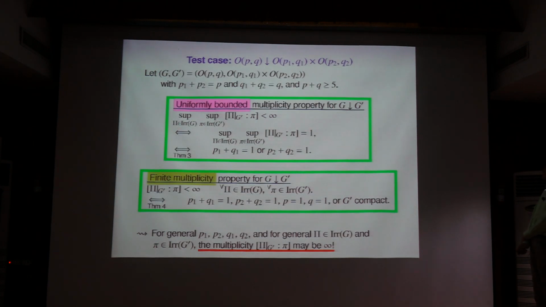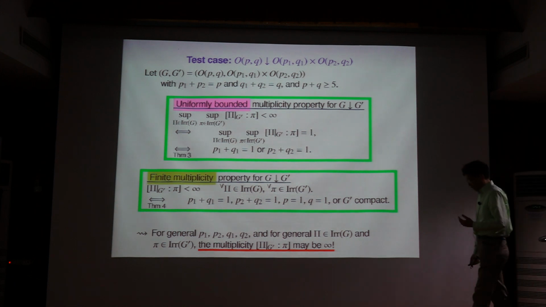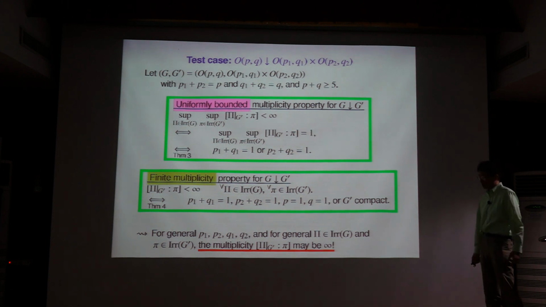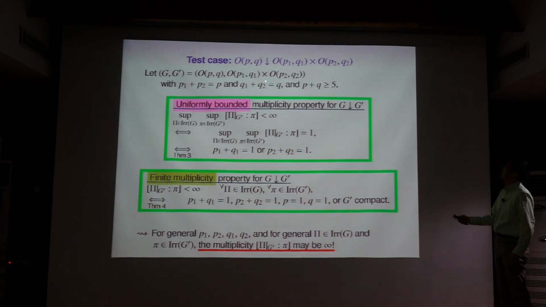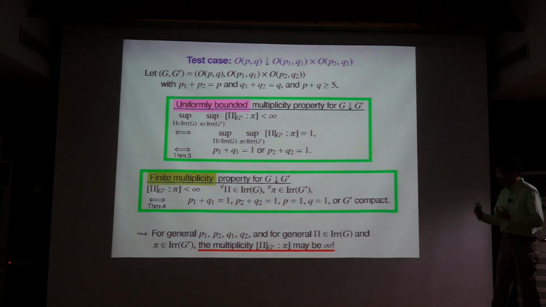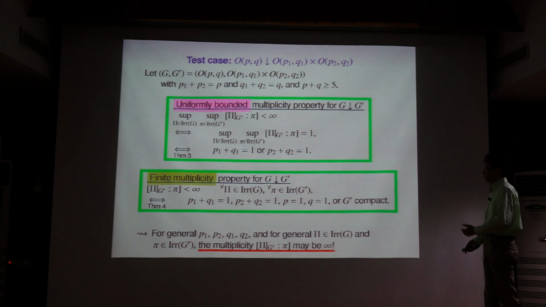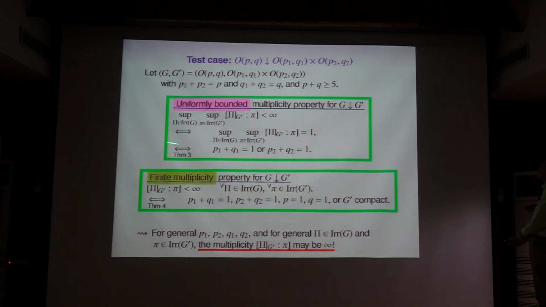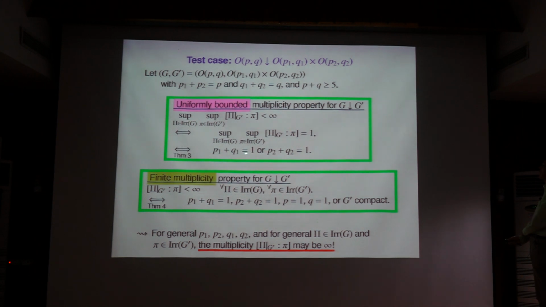Okay, and so here is a test case. This is an irreducible symmetric pair, and looking at the classification of irreducible symmetric pairs, this type has the most parameters, four independent parameters. So it's a good test case for in what cases some conditions are satisfied or not. For the uniformly bounded condition, if we apply theorem 3, this means that either this part is 1 or this part is 1.